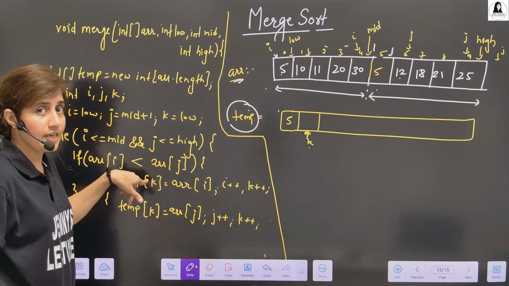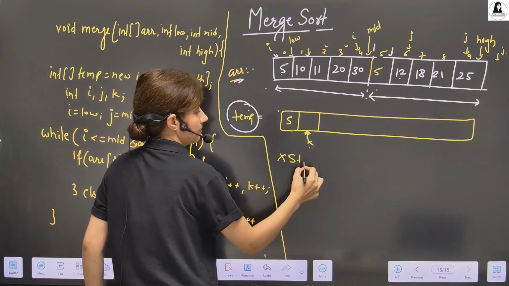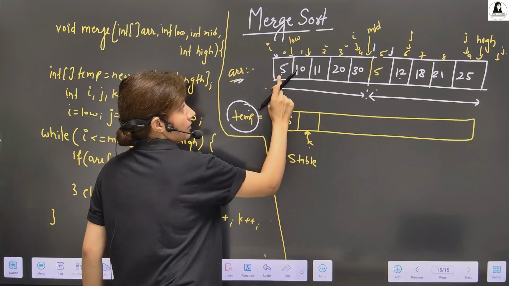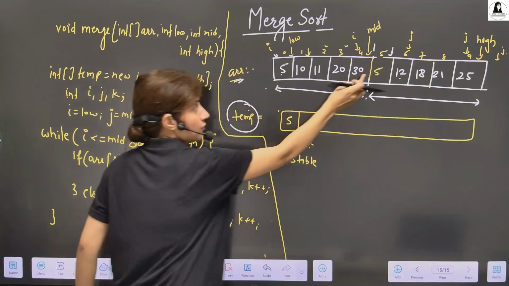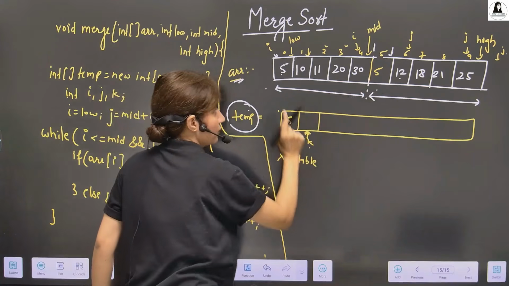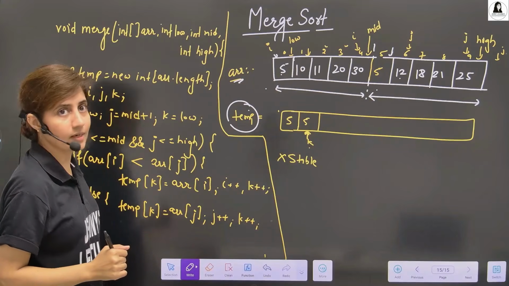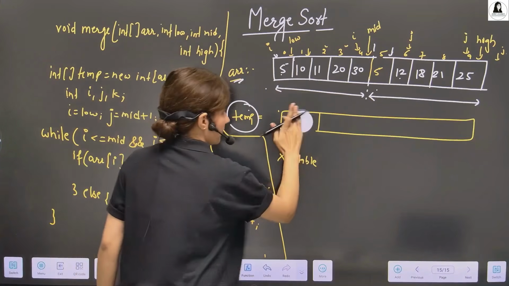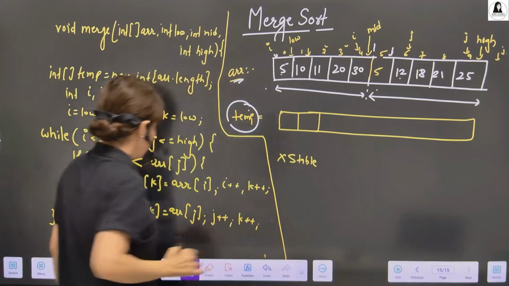Right? So in this case, if you implement merge with this logic, then it will not be stable. Because the relative ordering of these same elements should be this 5 first, this 5 after this. But here, whatever logic we have written, this 5 is first, then we write this 5. Right? So better, because this merge sort is stable.